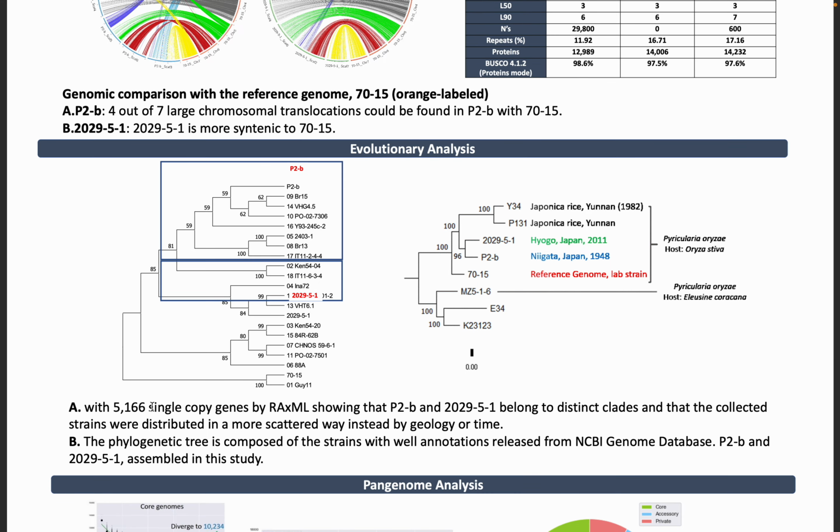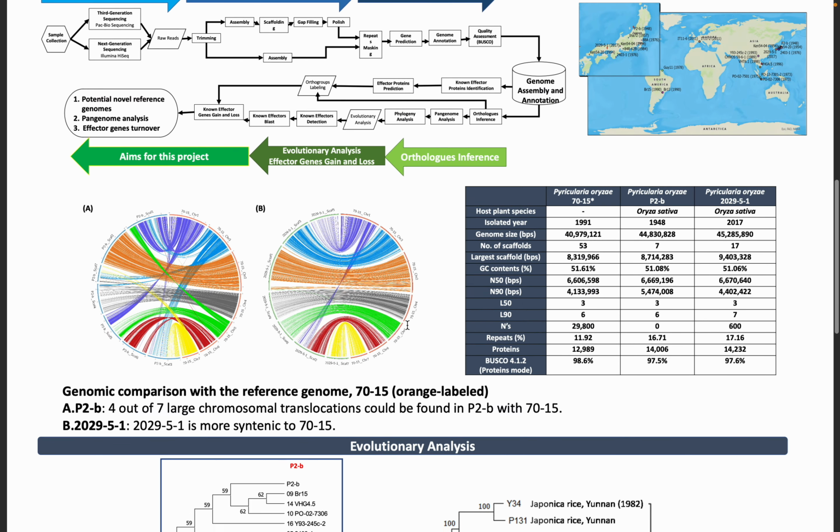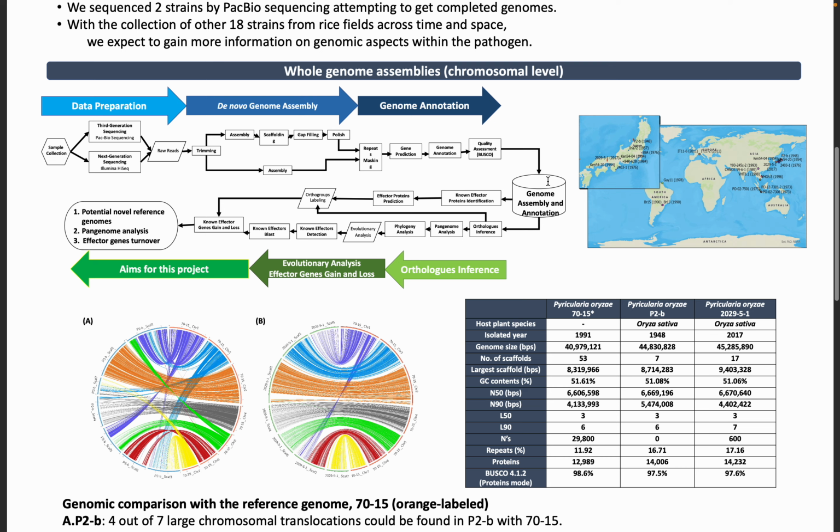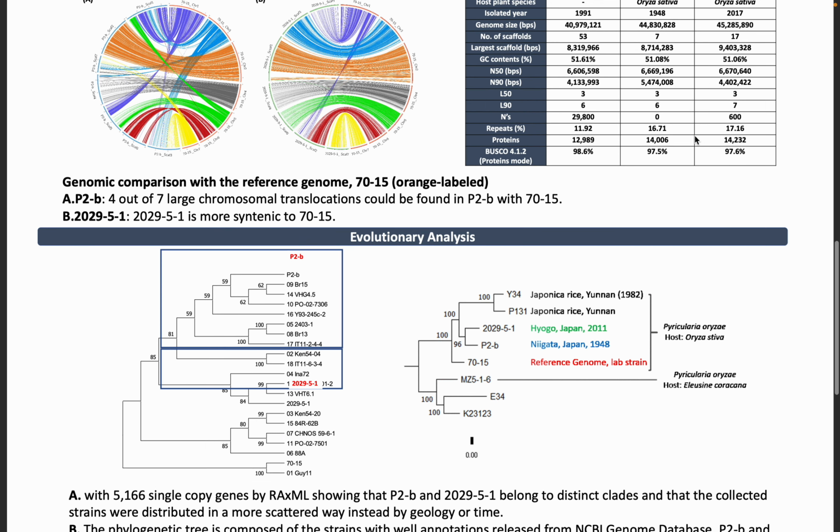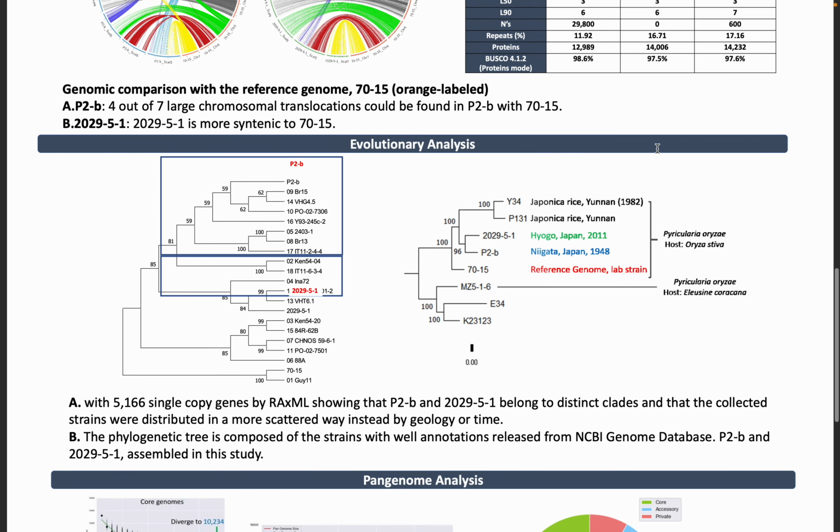With over 5,000 single copy genes by RAxML, showing that P2B and 29951 belong to distinct clades, and the collected strains were also distributed in a scattered way, not by geography or time, as you can see when matching back to this map. They don't have any correlation between the isolated time and the isolated place.